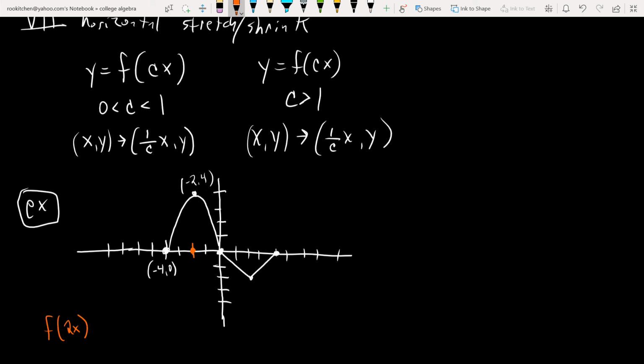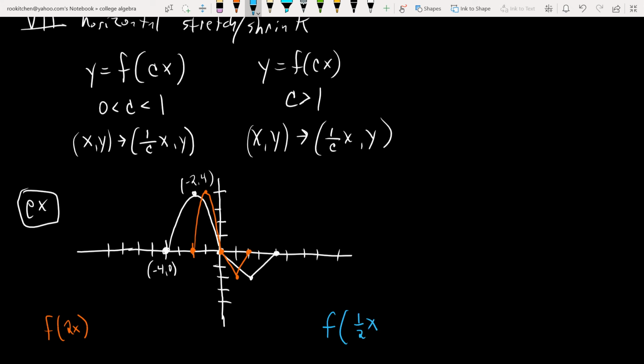Right? So negative 1, 4 right here. And then 0, 0 will just stay 0, 0. So you see how it's kind of smushing the graph against the y-axis. And then 2, negative 2 will become 1, negative 2. And then 4, 0 will become 2, 0. So it smushes it.